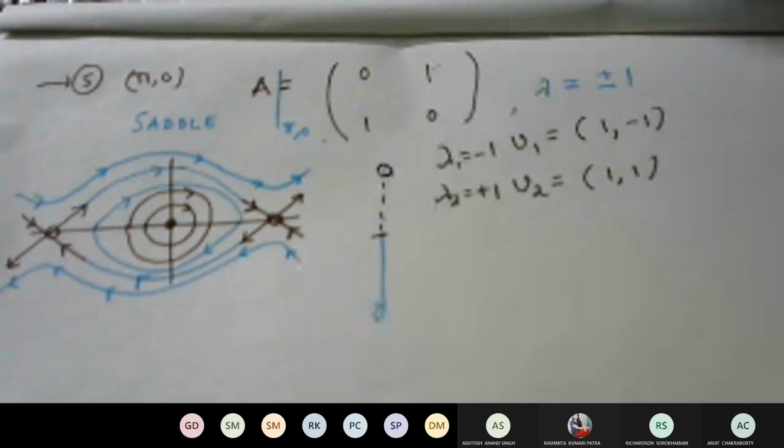Okay, so at this point I will stop and ask you to think about the first question that Arijit has raised, that we said it is kind of not good if I try to understand centers using these Jacobian approaches.